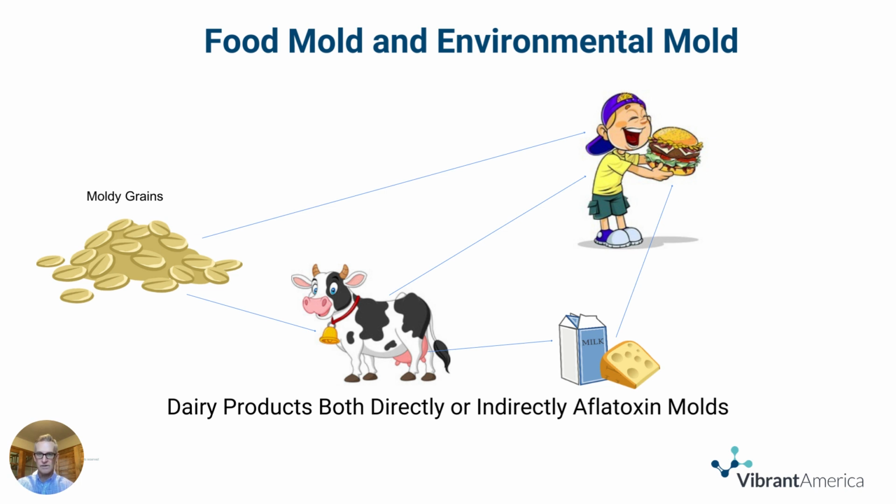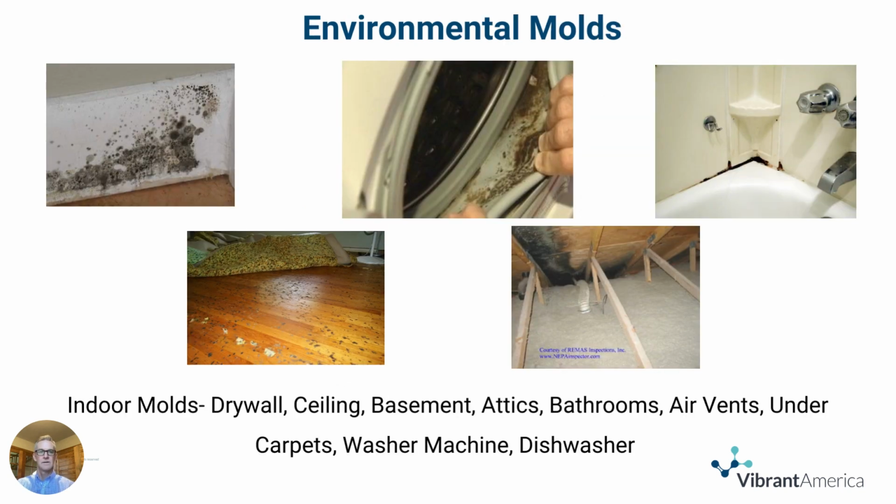We can consume those moldy grains in this hamburger bun, as an example, or cereal. The cow consumes the moldy grains. We consume the cow. We get the mycotoxins from the cow. We get the mycotoxins from dairy products even. They're such small molecules, that's how they become so pervasive in the food chain. And that's how we wind up with these things.